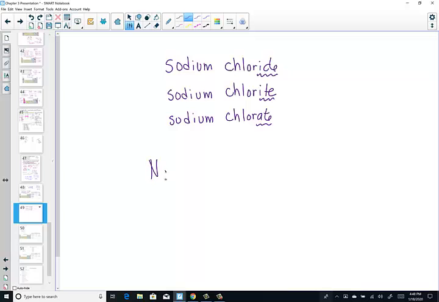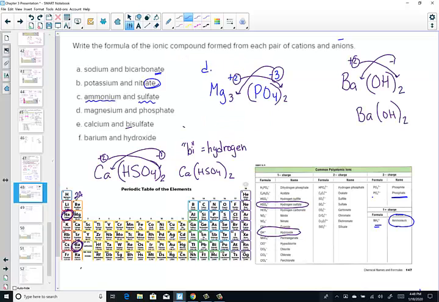Sodium is Na, and it carries a +1 charge. So I know just from where it lives, sodium is a +1 charge. When I hear chloride, it's a monatomic ion, Cl negative, chloride. When I hear ite or ate, chlorite, chlorate.